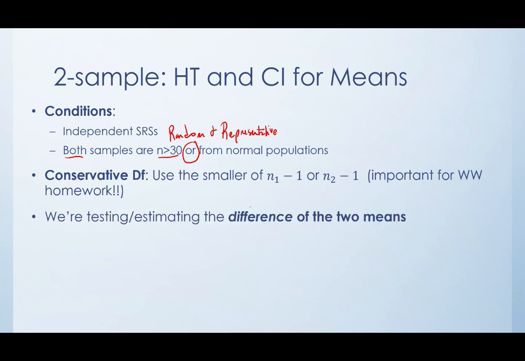So we are going to be testing or estimating, so hypothesis test or confidence interval, the difference of our two means when we talk about a two sample test for means. Okay, so we have this, our t statistic, right? Now usually, and it's the same, the usual, here's our data value minus the mean over the standard deviation.